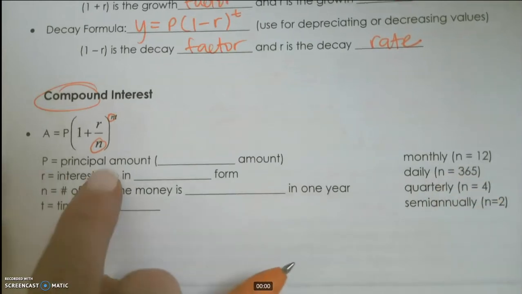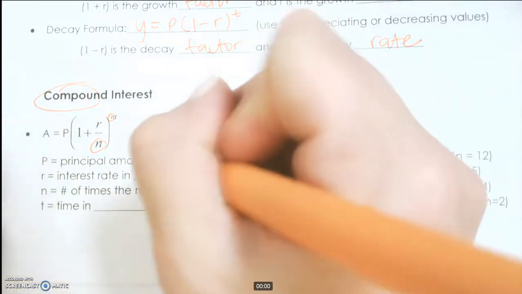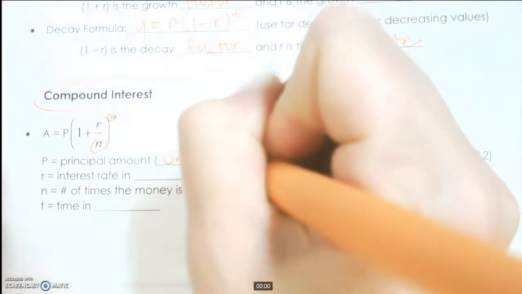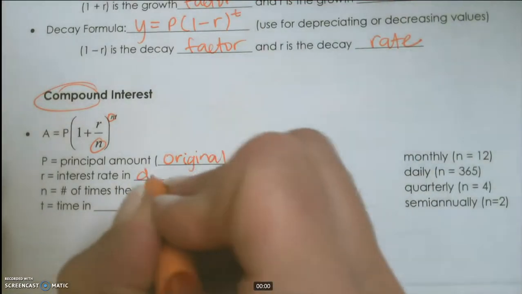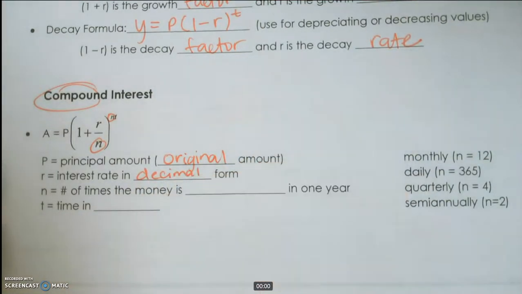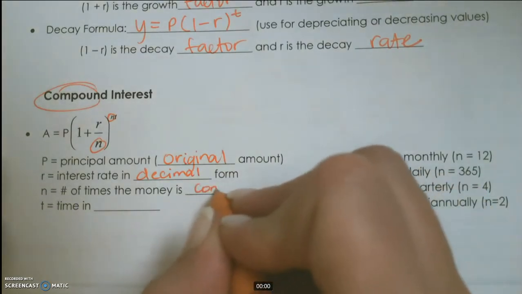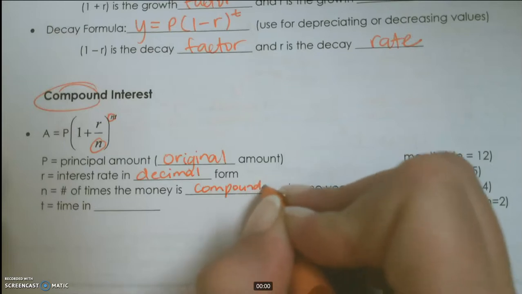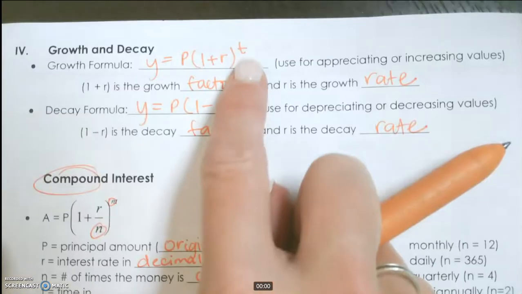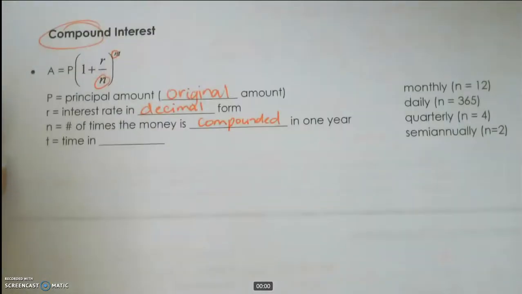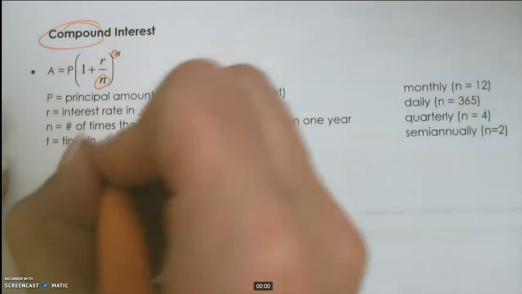P is the principal amount or the original amount. r is the interest rate in decimal form. n is the number of times the money is compounded in a year, which is why if it's just compounded yearly, then it turns into those formulas. t is the number of time in years.